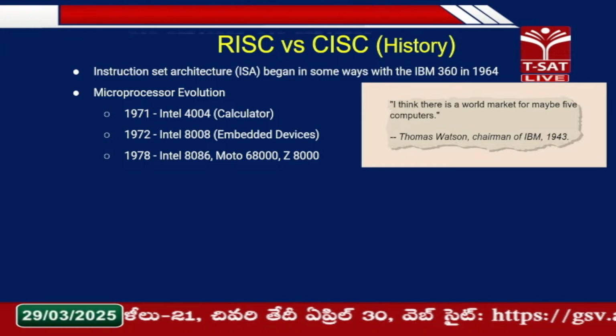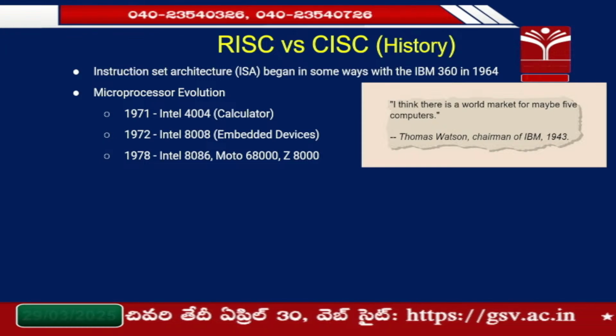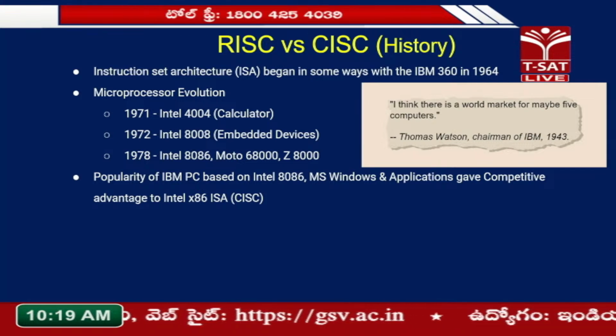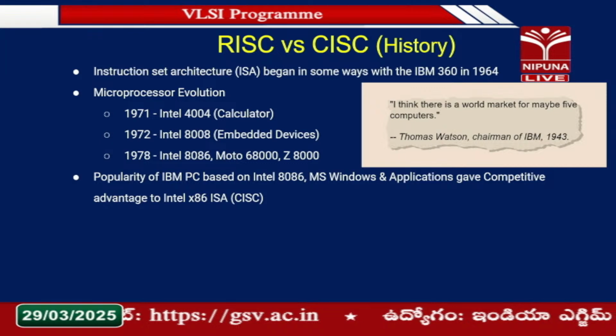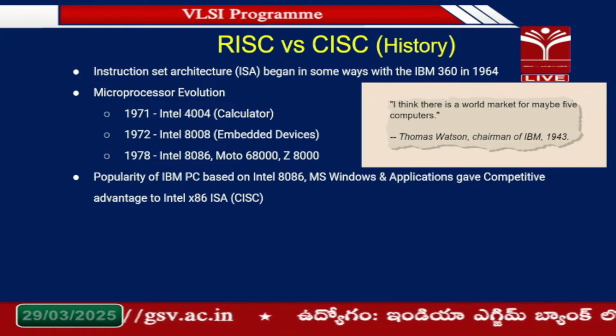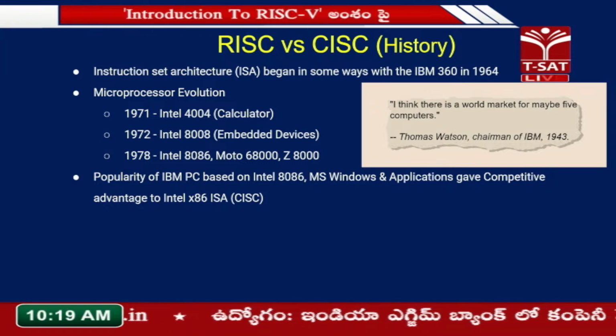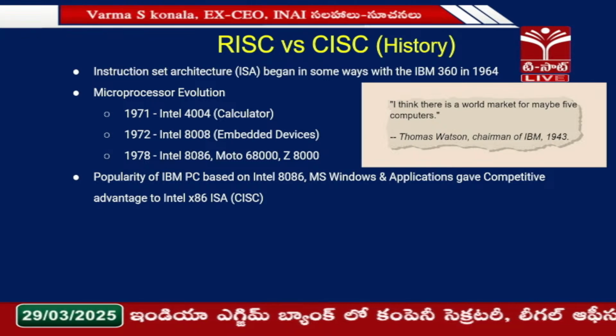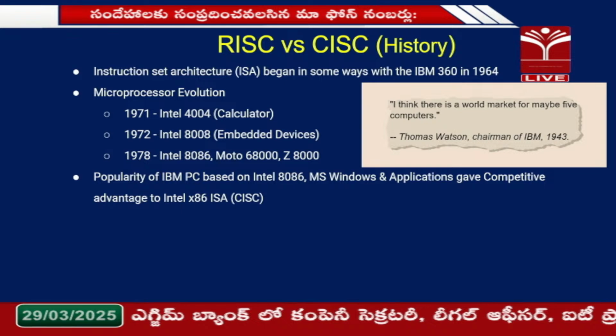So there were other companies doing things, but what happened was IBM, which was doing industrial computers until then, wanted to do a personal computer. So that's where this PC came about, right? Personal computer. So they looked at a lot of chips, and then they selected Intel 8086, and then they selected this Microsoft Windows, right? And then the combination of these two things really took off.